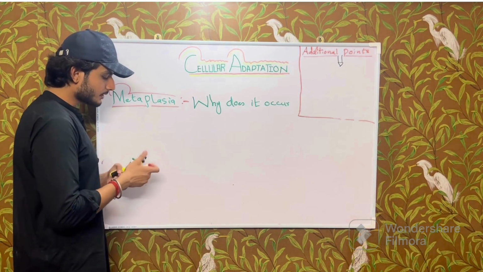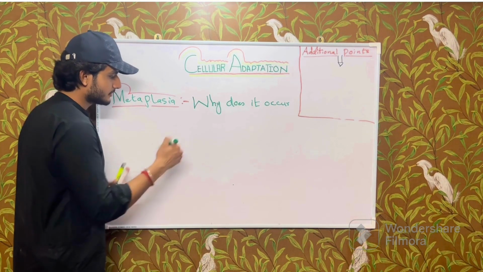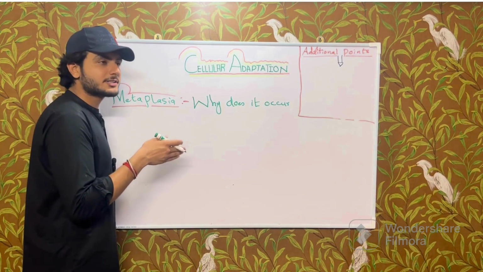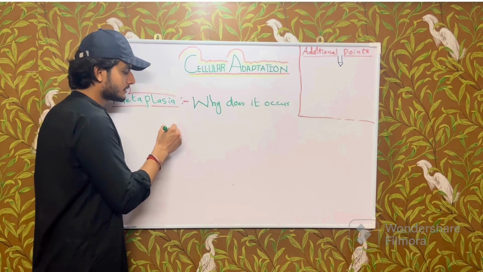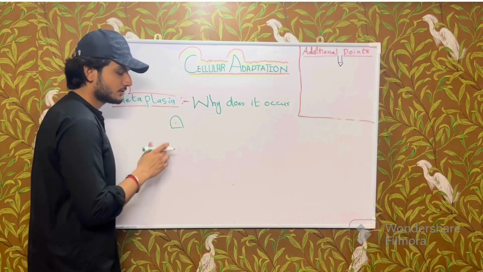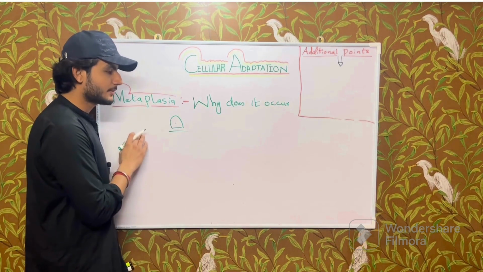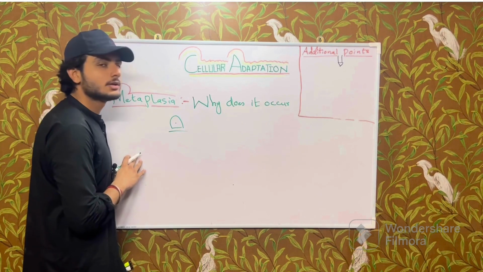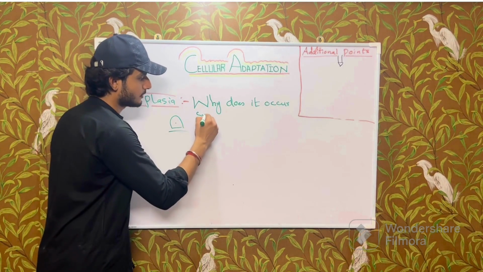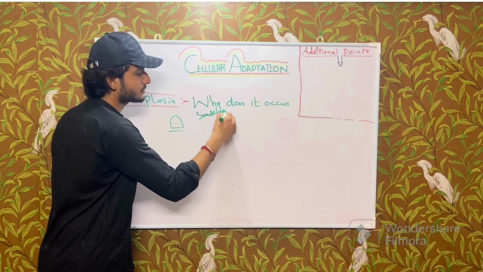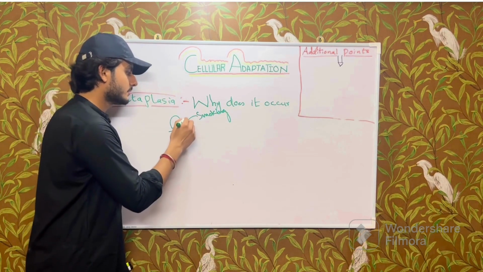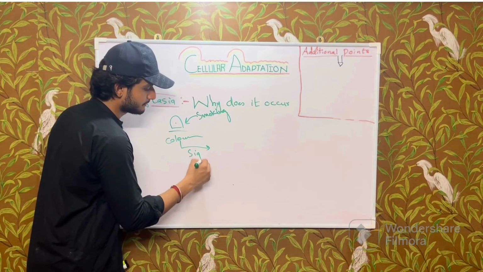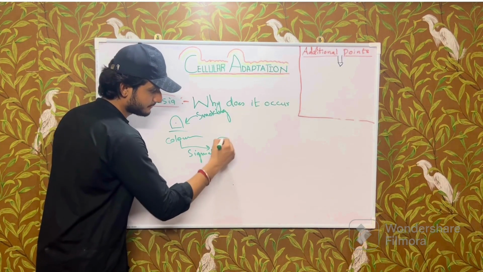Okay, so now let's take lung tissue as an example. The lung or respiratory tract has columnar cells. The respiratory epithelium is the columnar epithelium. So these epithelial cells, due to prolonged stress, which could be smoking or any other factor but mostly smoking, send some signals to the stem cells.